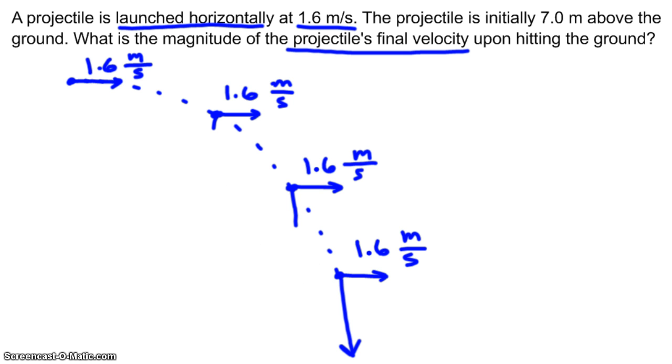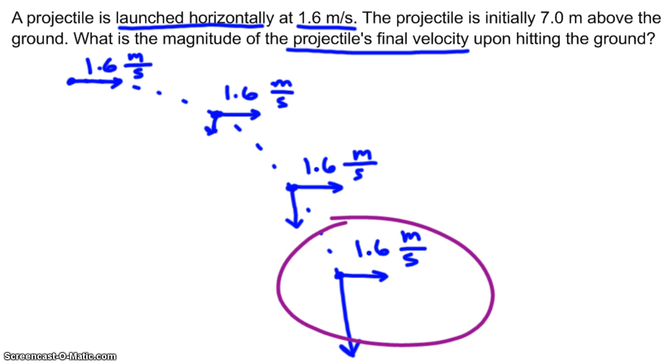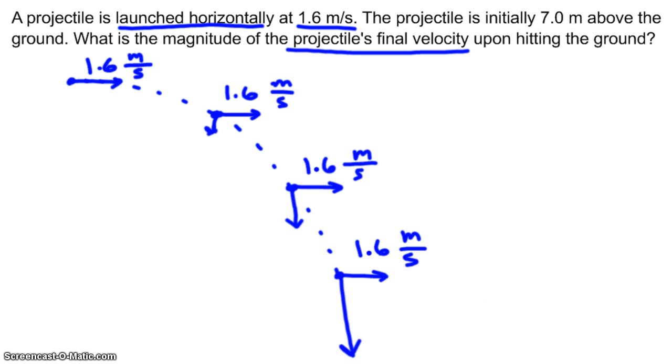Let me exaggerate the increase a little bit better. Like that, maybe. So as time passes, the y velocity grows, and right here at the end, this is the moment we want to look at. We know it has some final y velocity. I'll call it final y, like that.